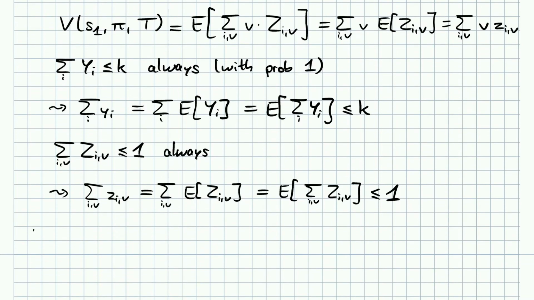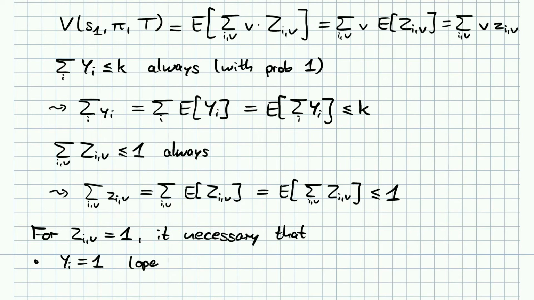We have one further thing, namely that for Z_{i,v} being equal to 1, it is necessary that, well, the one thing is, of course, that Y_i is equal to 1, namely that we open the box.